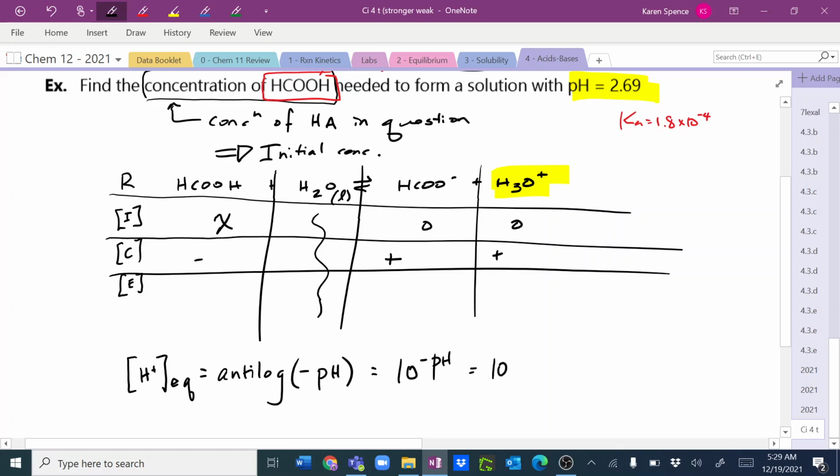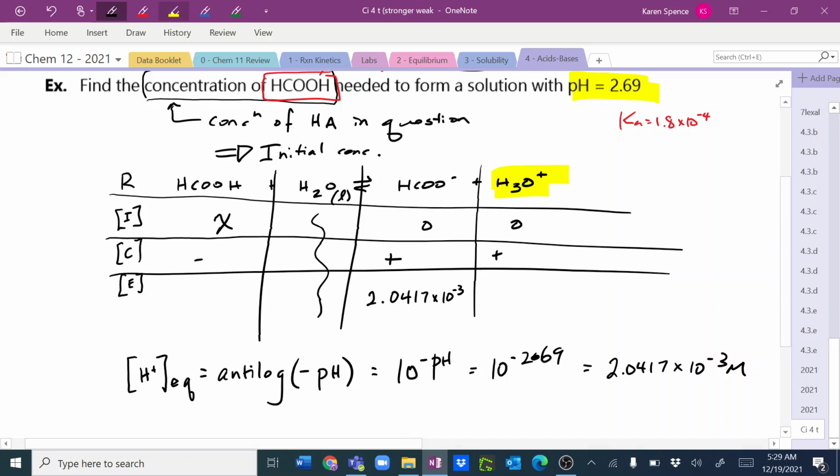And so that will be 10 to the negative 2.69. And I'm going to cheat and look at the answer, and that is 2.0417 times 10 to the negative 3, I think. 3, yes, molar. So this number here is now 2.0417 times 10 to the negative 3 molar.